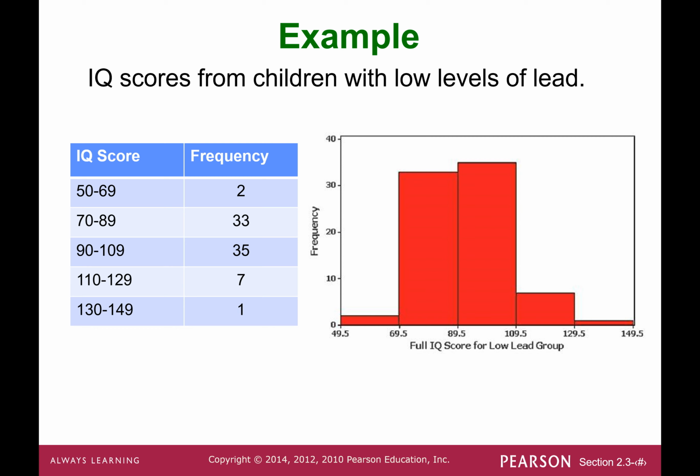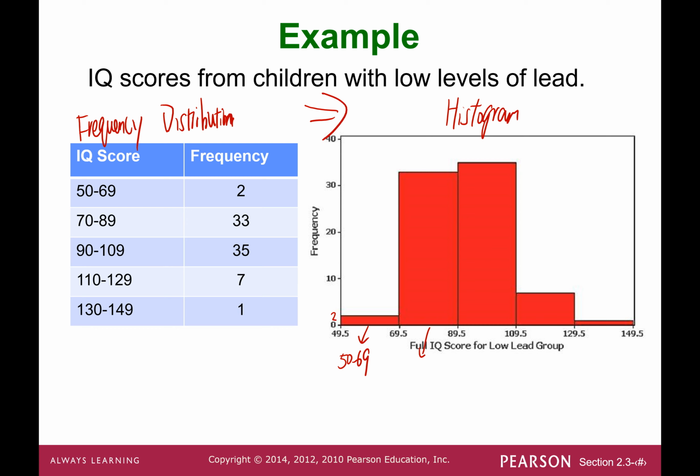So this is our frequency distribution table. Now we just basically convert it to a graph, and this is what we call a histogram. You list all the classes. Right here, the first class is from 50 to 69, with a frequency of 2.